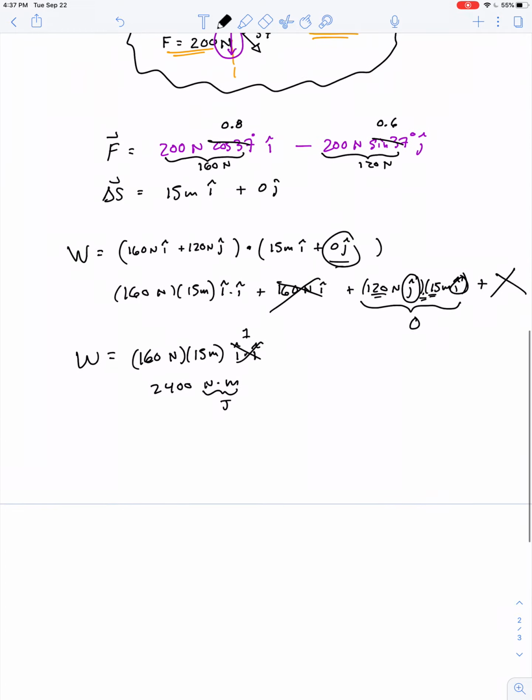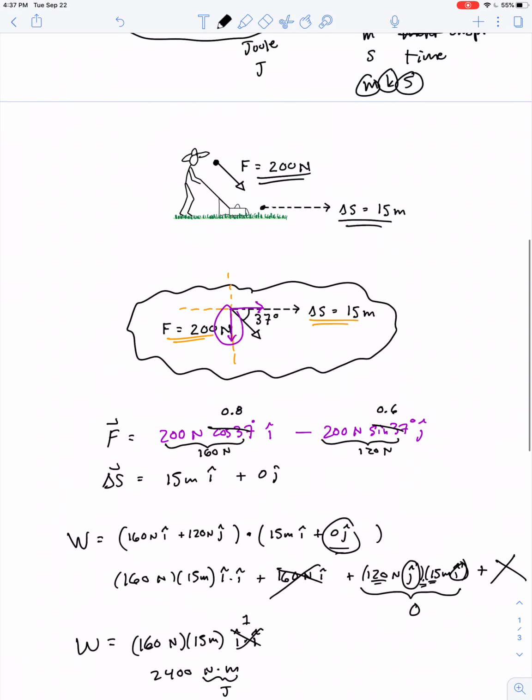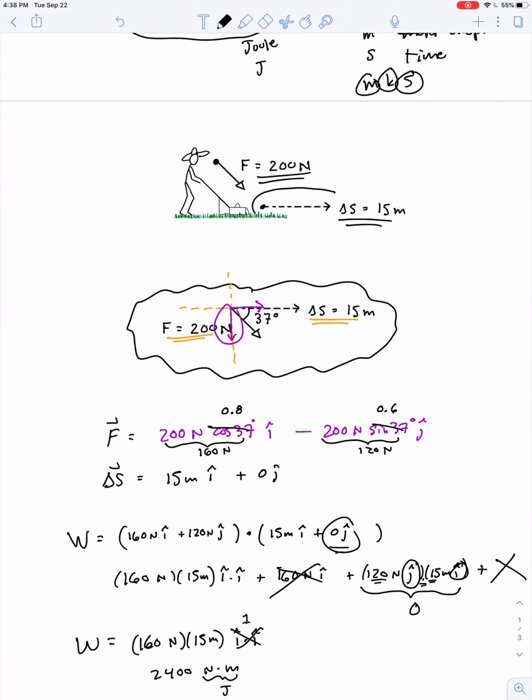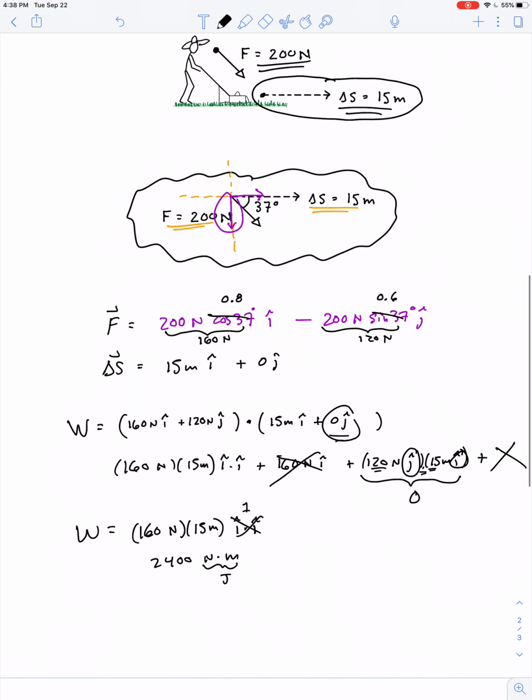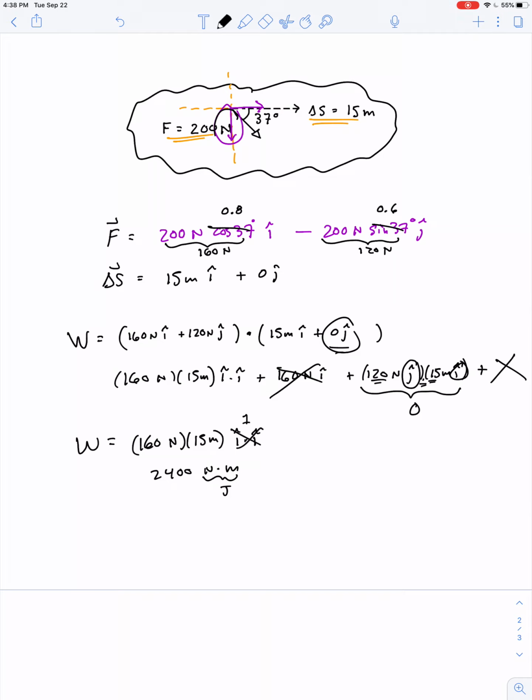It turns out there's another way we could have done that. In the end, we can always let the x-axis be the axis of displacement, and so we're always going to break the force into two components: a component that lies perpendicular to the displacement, and a component that lies parallel to the displacement.